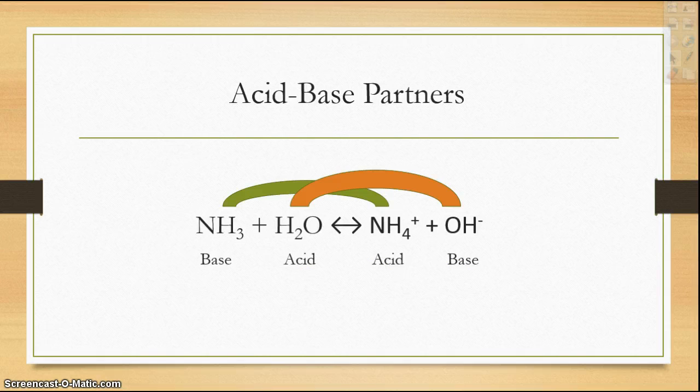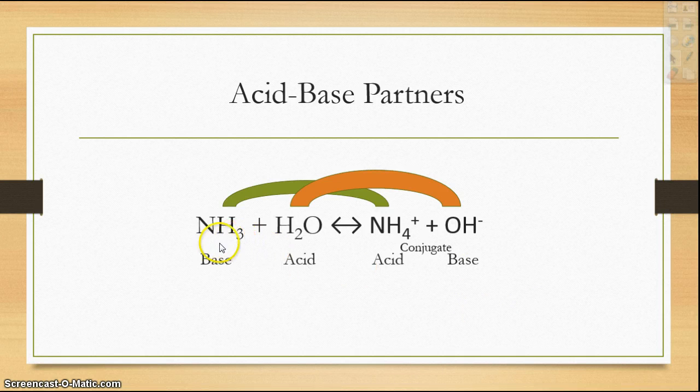We call these partners conjugates. So ammonia is the base, and ammonium is the conjugate acid, its partner acid. And in reverse, water is the acid, and the hydroxide ion is considered its conjugate, or partner, base.